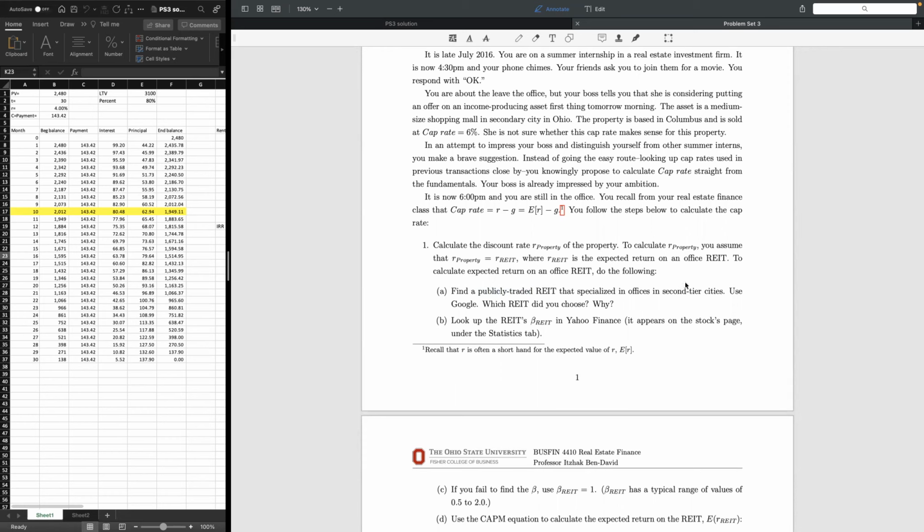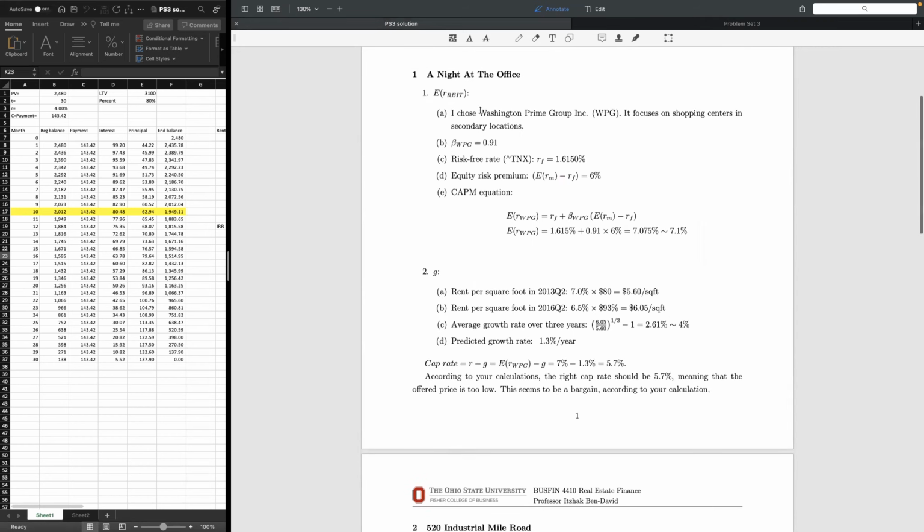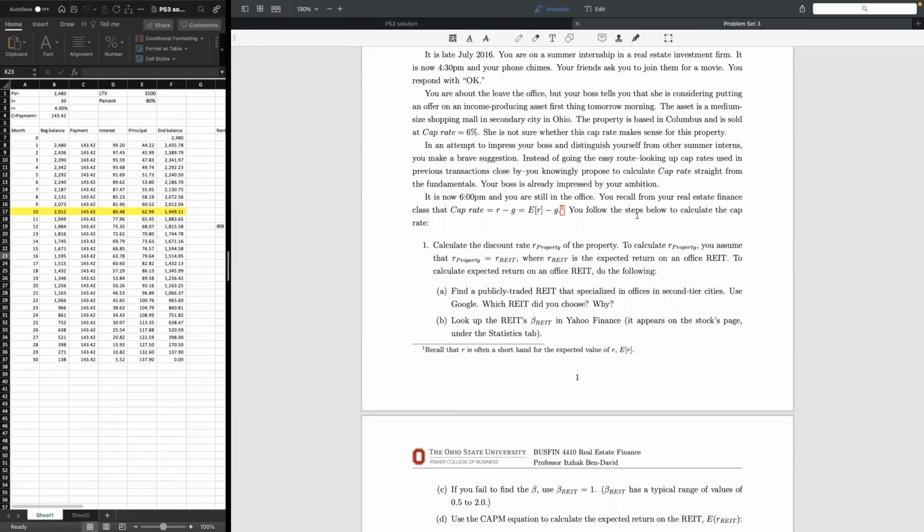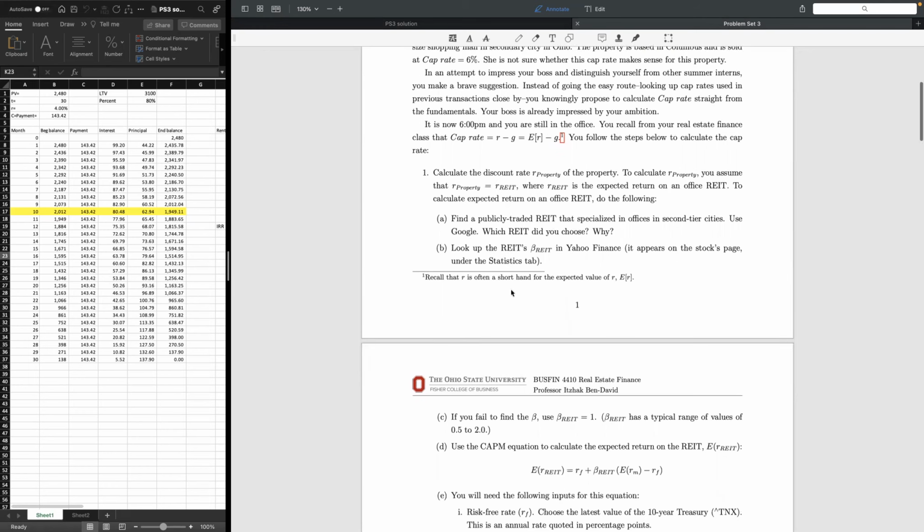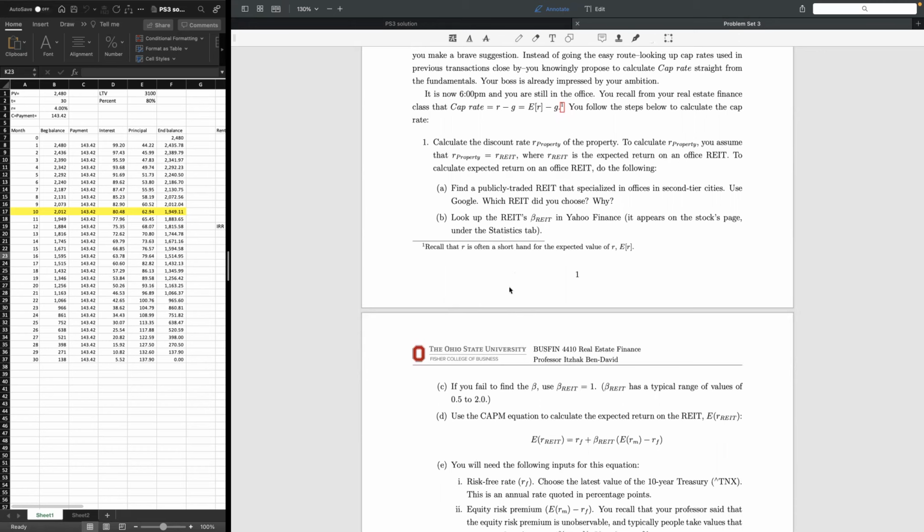And the answer I have here is Washington Prime Group Inc., WPG, because it focuses on shopping centers in secondary locations. Since their focus is consistent with the property that I'm analyzing in this problem set, this is the one I choose. And look up the beta in Yahoo Finance, and many of you did a great job.